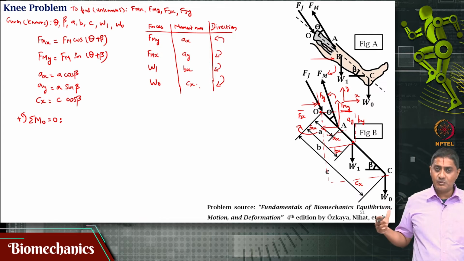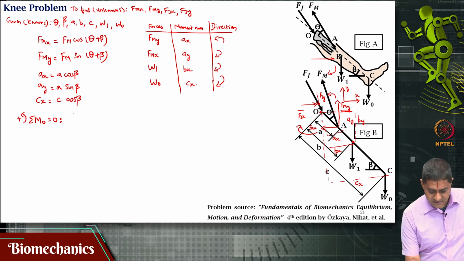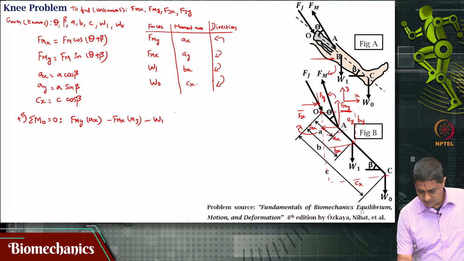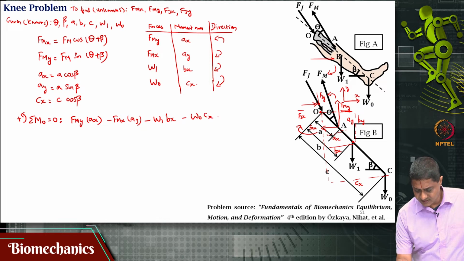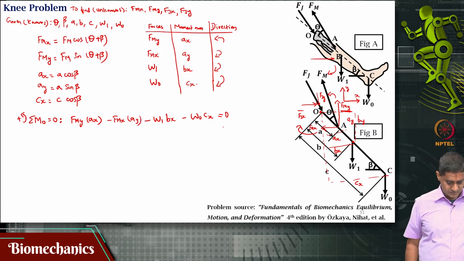So, let us expand our moment equation, which is sigma Mo is 0, that is Fmy times Ax minus Fmx times Ay minus W1 Bx minus W0 Cx, the whole thing is 0.